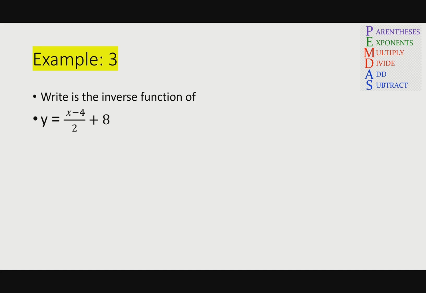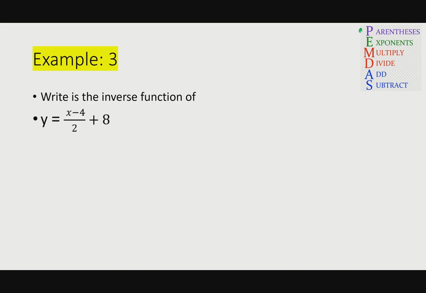Example 3 is write the inverse function of, this time, instead of f of x or g of x, we have y equals. So you can think of it the same way. So y equals x minus 4 divided by 2 plus 8. So the first thing we're doing here is we're taking x and we're subtracting 4.